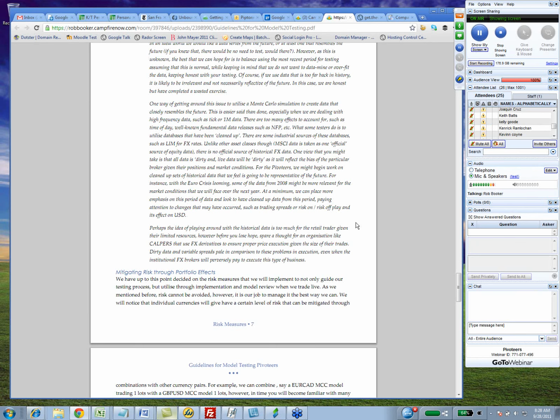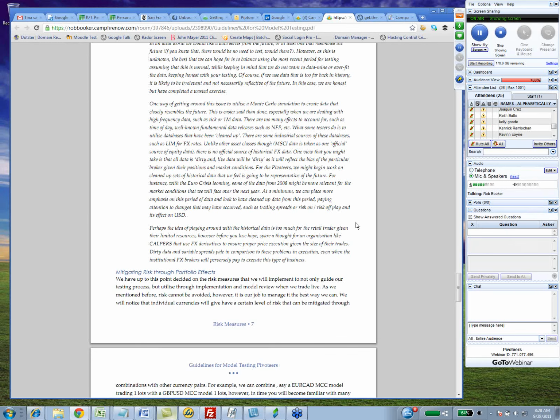For the pivoteers, we might begin work on cleaned up sets of historical data that we feel will be representative of the future. For instance, with the euro crisis looming, some of the data from 2008 might be more relevant for the market conditions that we'll face over the next year. Once again, it's the same concept that I mentioned a few minutes earlier.